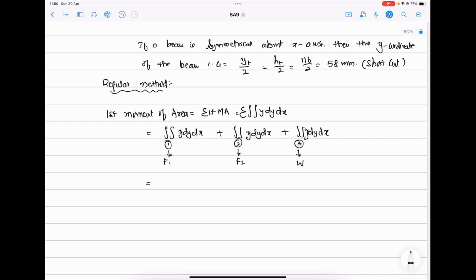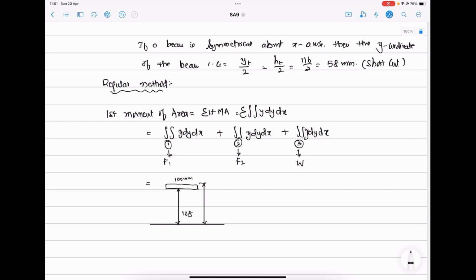Now, for first flange, x varies from 0 to 100, y varies from, for first flange, we will draw it like this, it is x-axis, this is the first flange. Always try to draw the diagram. This is 100 mm and this is 108 and this is 116.